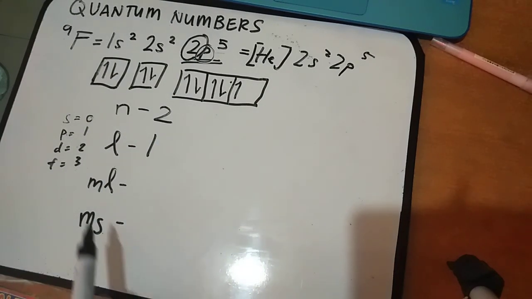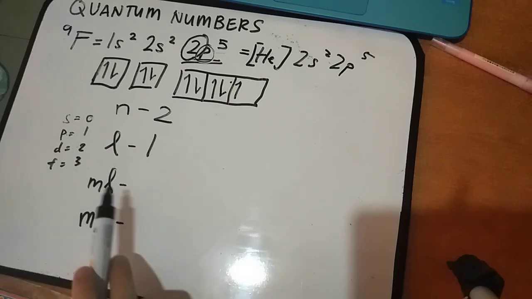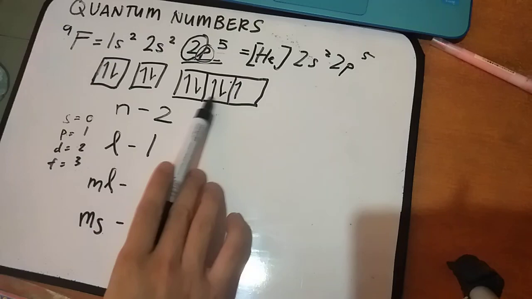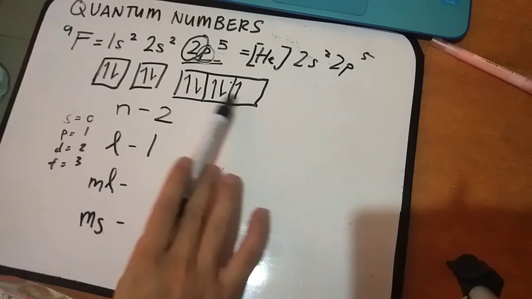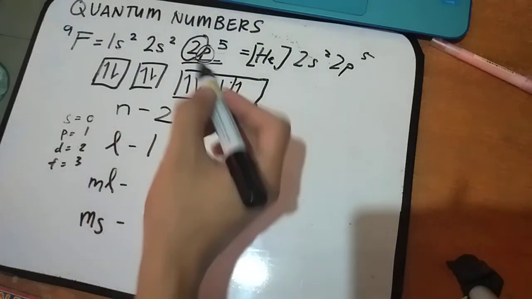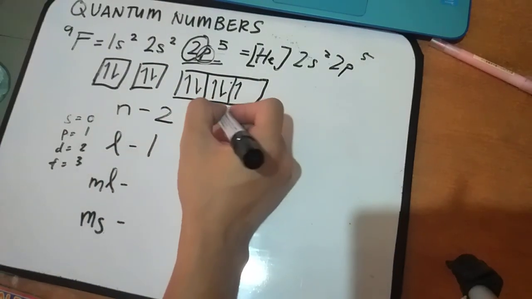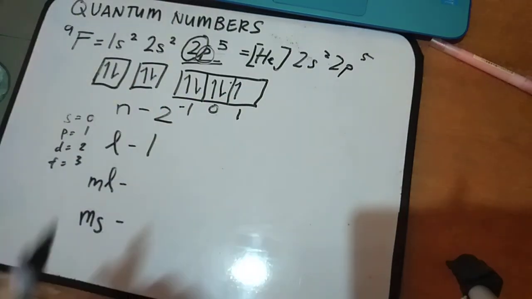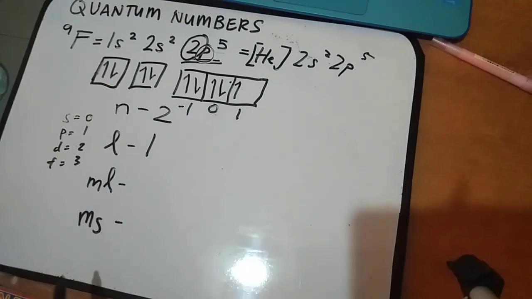Now, the next is your ML. Paano ulit yung ML? Look at the last orbital diagram that I have made for 2p5 since this is our reference. So, I would number the boxes as 0, -1, and 1. Okay?